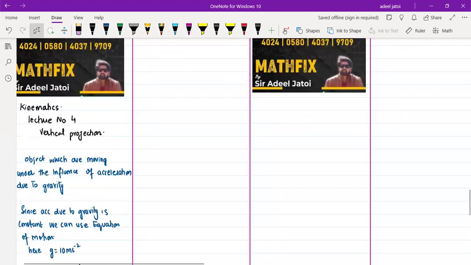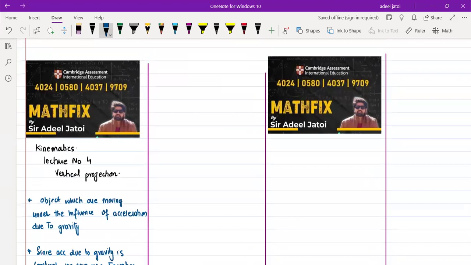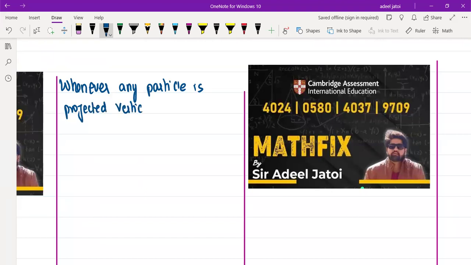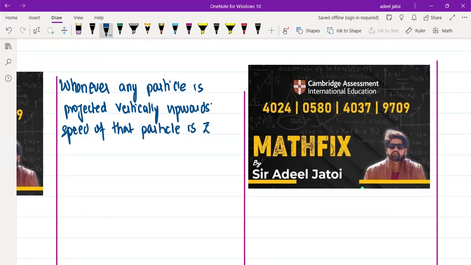Whenever any particle is projected vertically upwards, the speed of that particle is 0 at its maximum height.